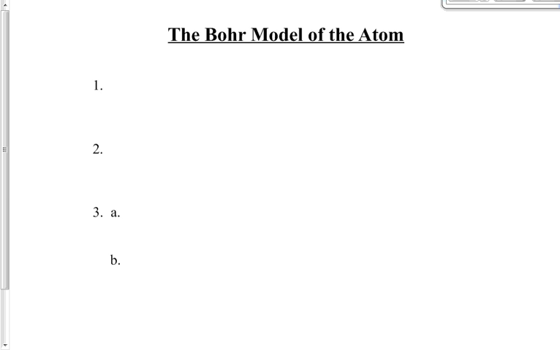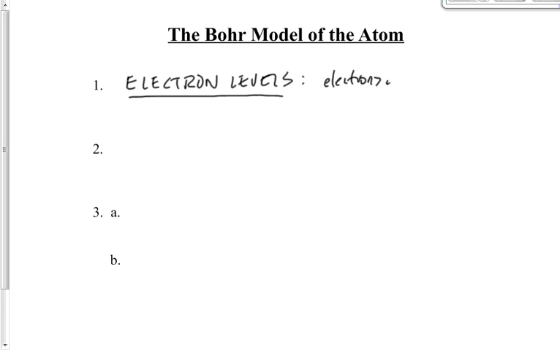Rather, we're going to take it to the next level where these electrons, although they do orbit around the nucleus in circles, they orbit around on specific levels. We have very specific electron levels. And each of those levels is characterized by a specific amount of energy.